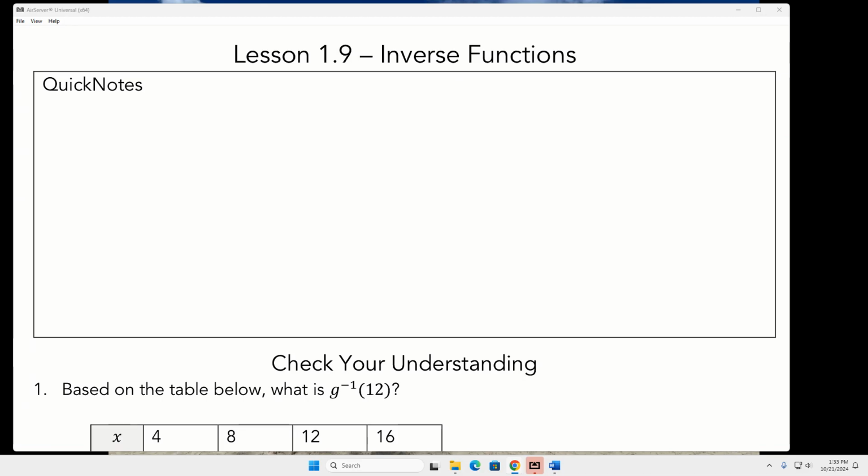On the inverse, you should be able to plug in 30 and it turns it back into a 9. So that's the whole purpose of an inverse function, is to undo what the original function did. So we're going to jot that down. Inverse functions undo the original function.